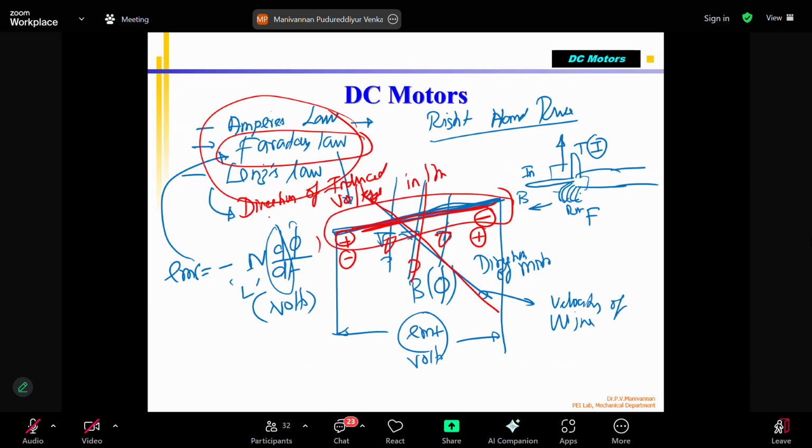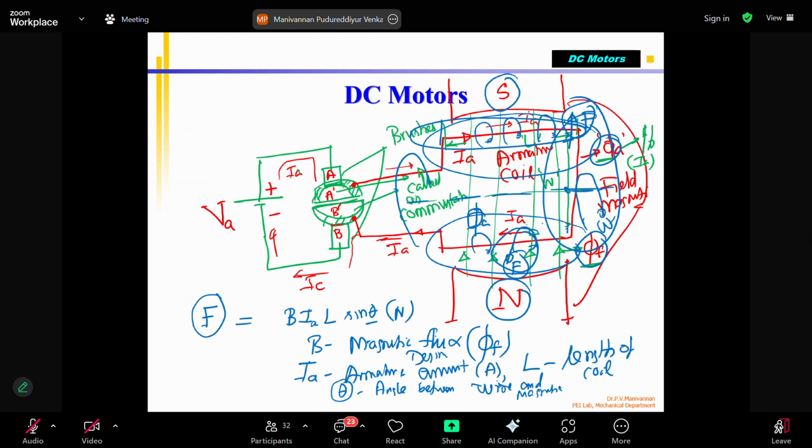That voltage is proportional to the number of turns multiplied by the rate of change of flux. This is called Faraday's law. That means this is the basic equation for a generator. How much voltage an electric generator produces is governed by this equation. Who invented it? Faraday.